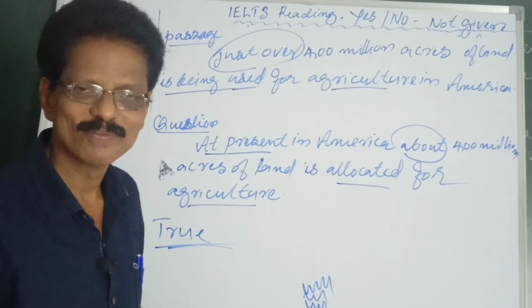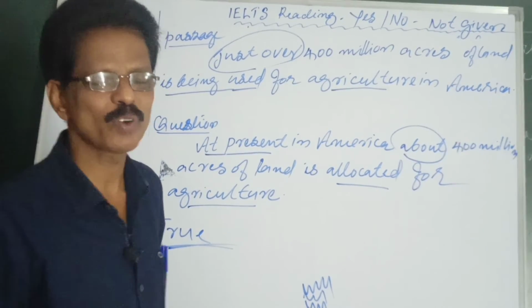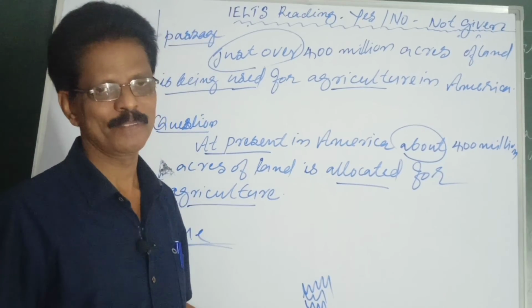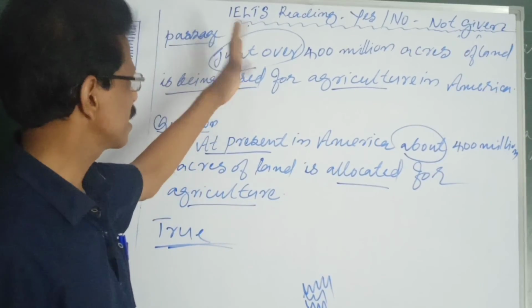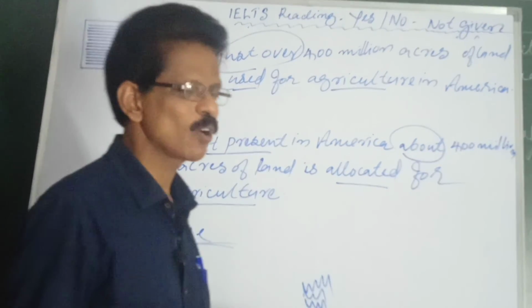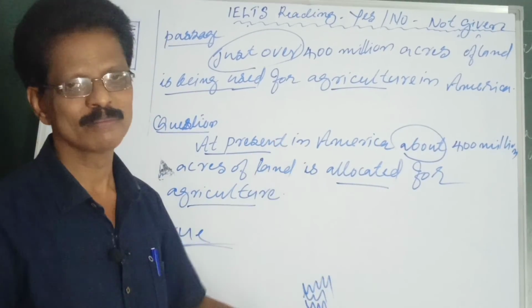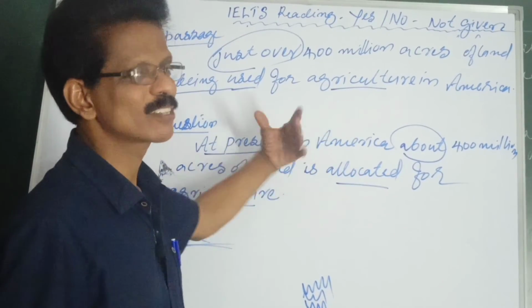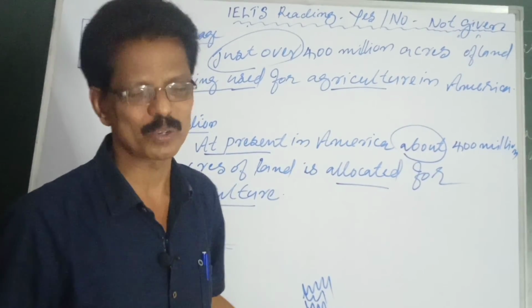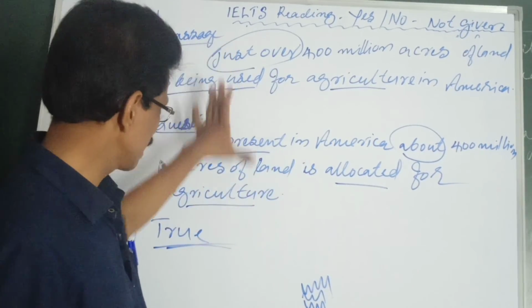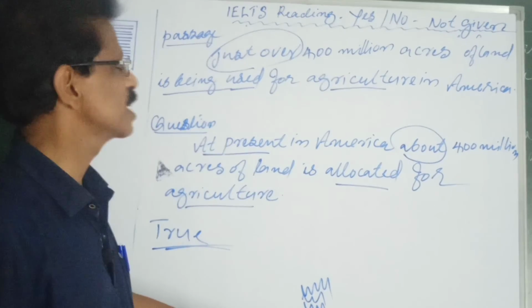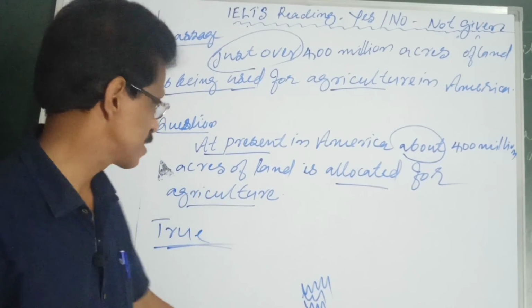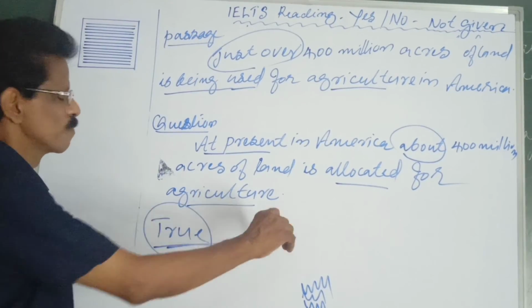Yes, this is the way you have to find the answer. At a glance you may find that the meaning does not match, so it is false. No. False means it should be against or contradictory. Then only you can mark it false. So the meaning conveys the same as what is given in the passage. So the answer is true.